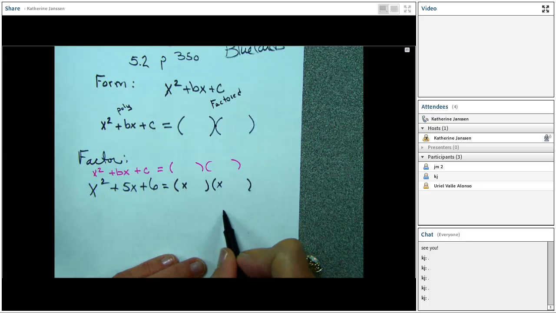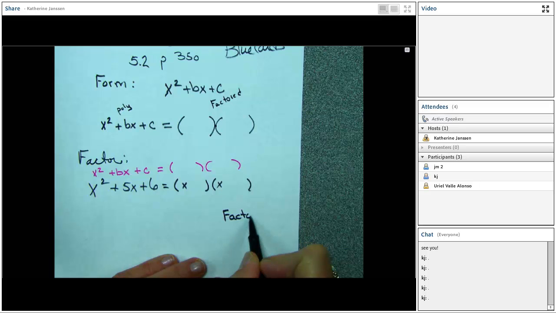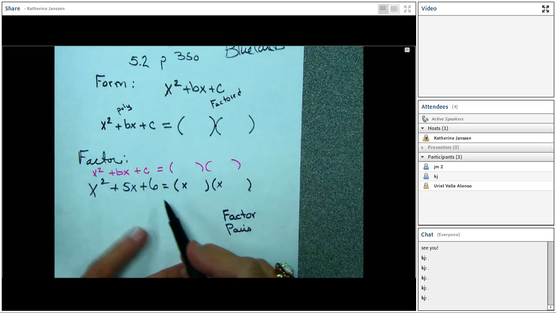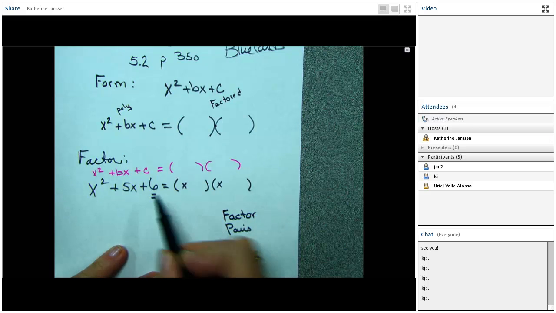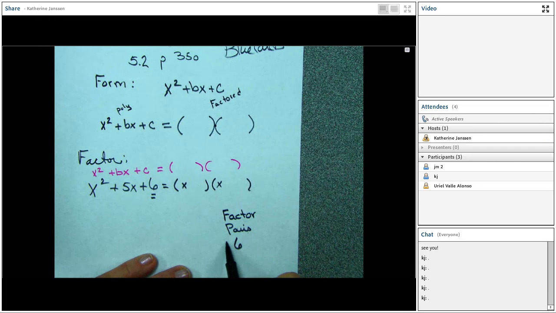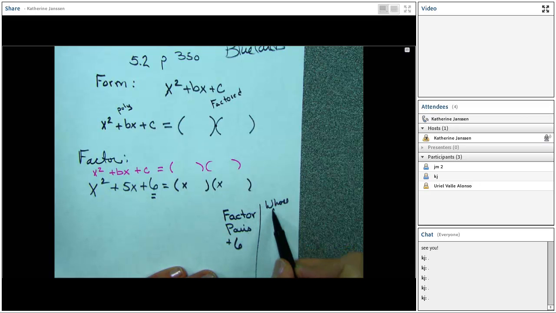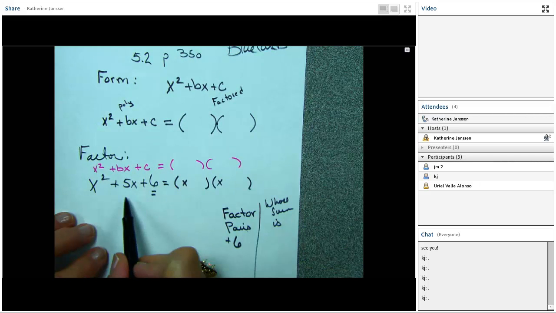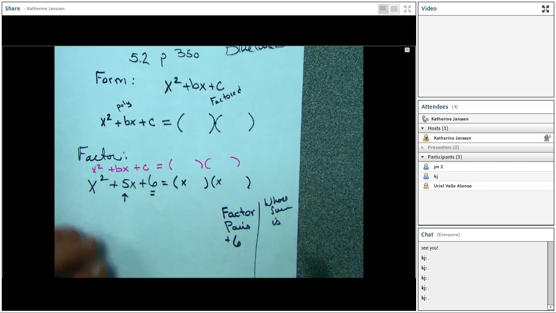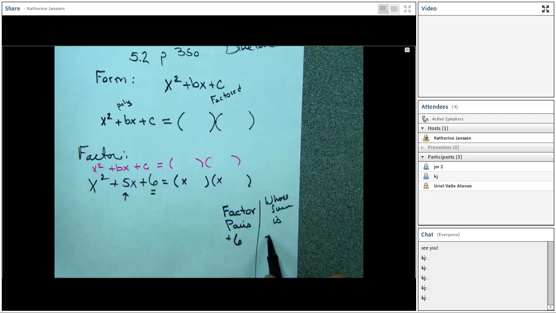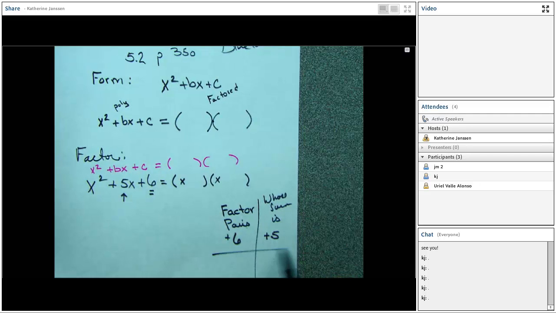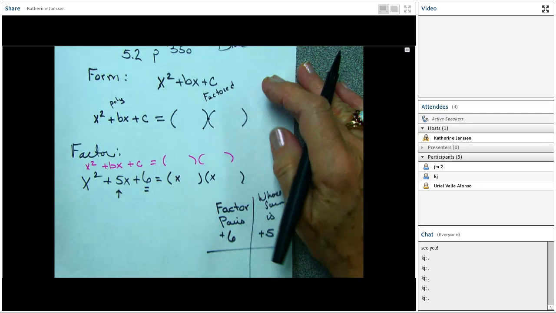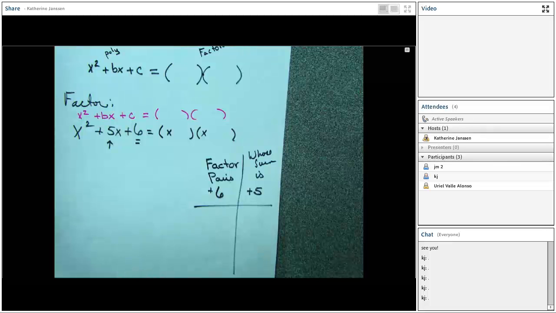We were looking for factor pairs of the constant 6, and it's positive 6, whose sum is the coefficient on the x to the first degree term, which is a positive 5. We played that little game.